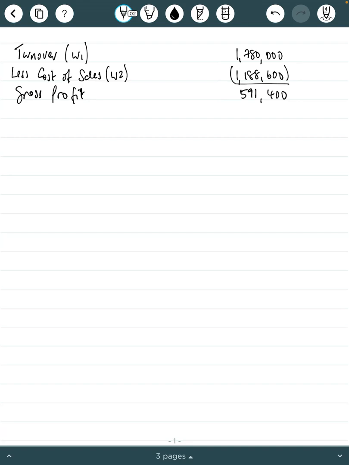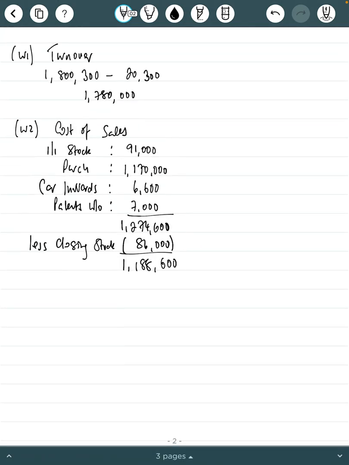Now, next heading is your distribution costs, and again, this requires a working. So let's look at the distribution costs. Go straight to the trial balance and take the figure that they've given you for distribution cost, which is 144,000.